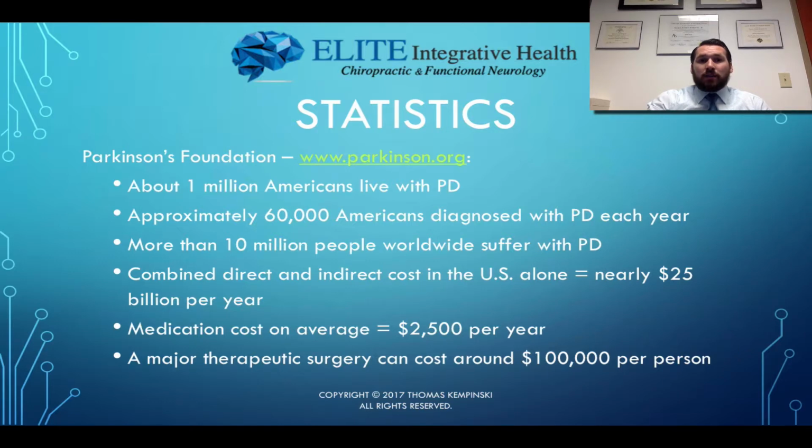This was taken from the Parkinson's Foundation, so there's the website there if you want to check it out. These statistics are probably a little more recent and current. Currently we're looking at about 1 million Americans living with Parkinson's disease. There's approximately 60,000 new diagnoses in America per year. Worldwide, around 10 million people are suffering with PD.